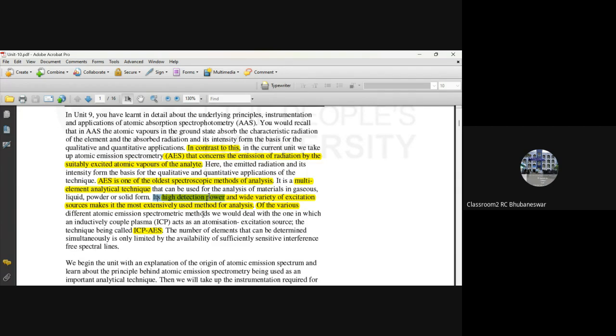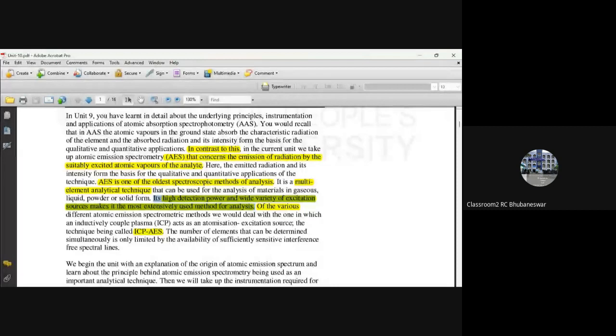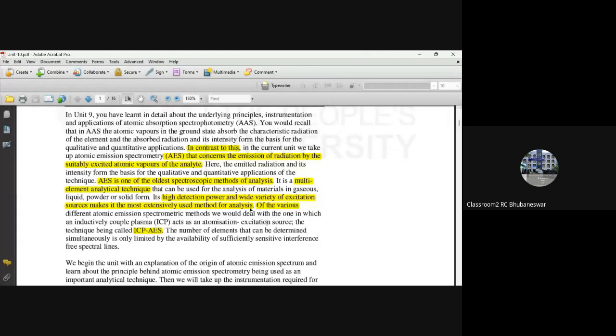It has a high detection power, and a wide variety of excitation sources makes it the most extensively used method of analysis. Yes, we understand that a wide variety of excitation sources is needed, but that also makes it the most extensively used method, because you want to study one element, then another element, and so on.